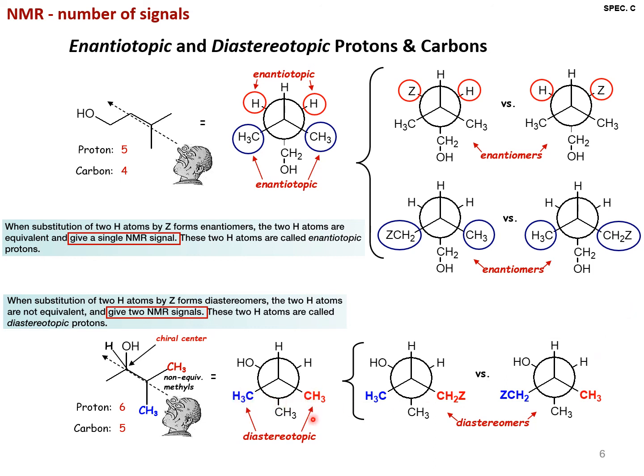These hydrogens are said to be diastereotopic because substitution of each hydrogen with a group Z would lead to diastereomers, and they would give 2 NMR signals. So this is something that you can look for when you are analyzing NMR spectra. Once again, if you have an asymmetric center, play the substitution game, look for enantiotopic and diastereotopic hydrogens and carbons.